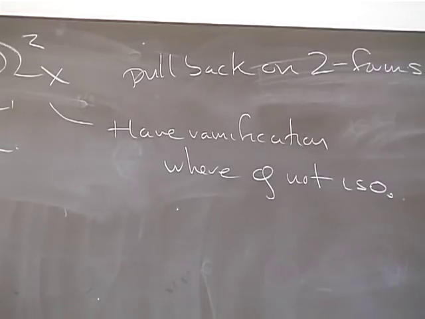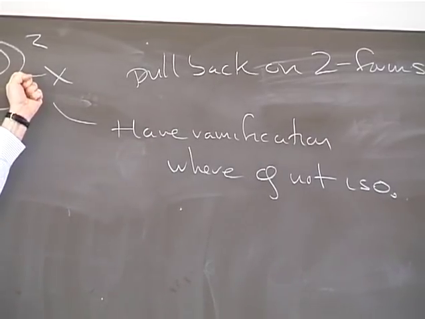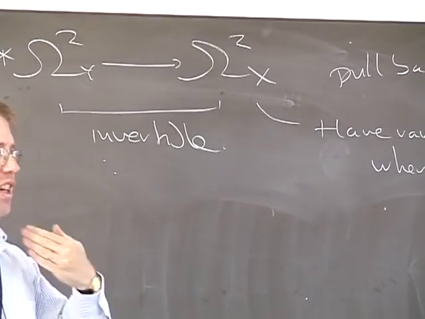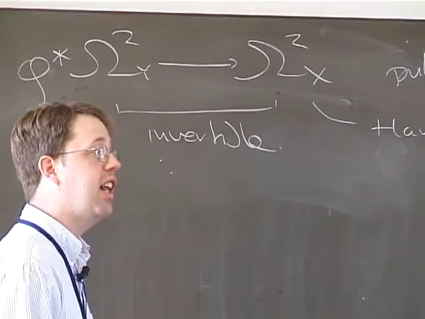But I know how to analyze a map of invertible sheaves. It's going to be 0 on some divisors; that's the only thing that can happen.